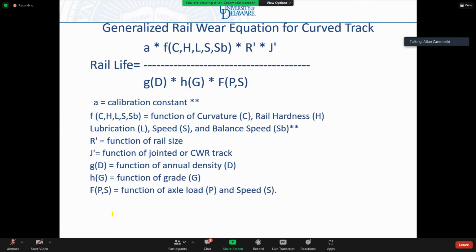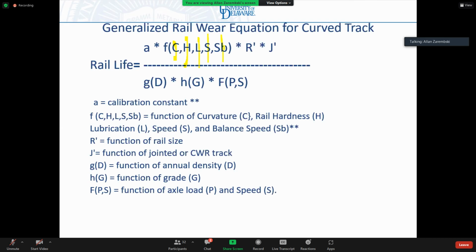I'm not going to be spending a lot of time giving you rail wear equations because there are a lot of models out there in the literature, but I just wanted to give you a feel for what a model looks like. So this is a typical rail wear model, which is a function of curvature, hardness, lubrication, speed, or the relationship between speed and balance speed.